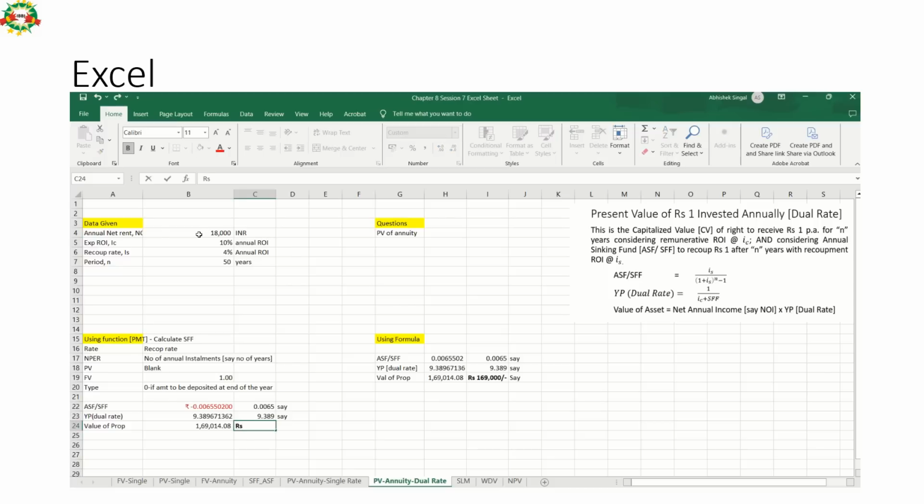So it's rupees 169. This is answer 1, and it is matching with answer 2. Both answers are perfect. This is with the help of a function, and this is without using a function.